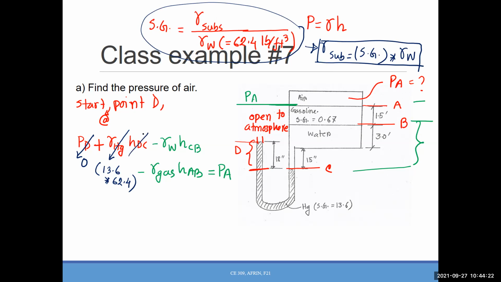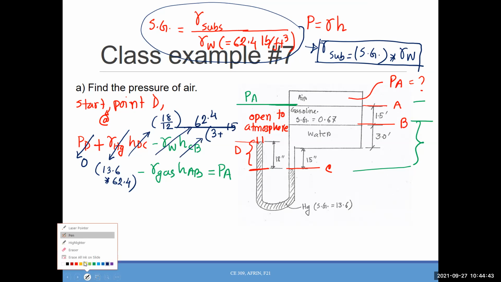Okay, what will be the HDC? 18 over 12, right? Now what will be the gamma W? It's 62.4. HBC will be what? 3 plus 15 over 12. Okay. Why are we dividing by 12? Okay.